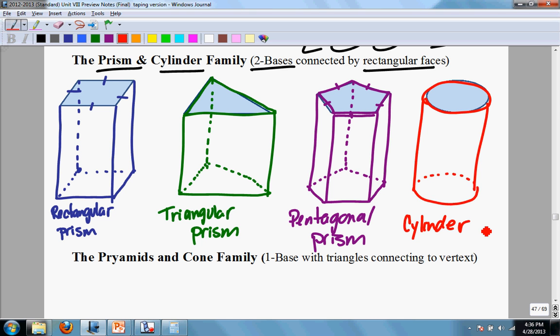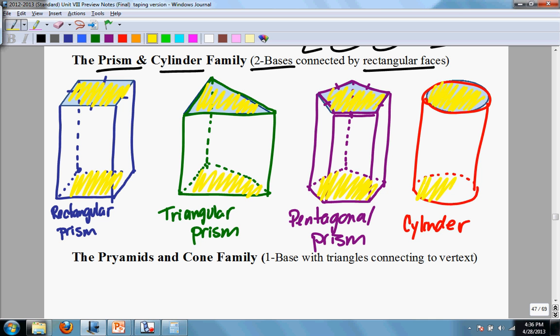So what constitutes a prism is this. I'd like you to shade with me, please. In a prism, you have two parallel congruent bases. Trace with me.